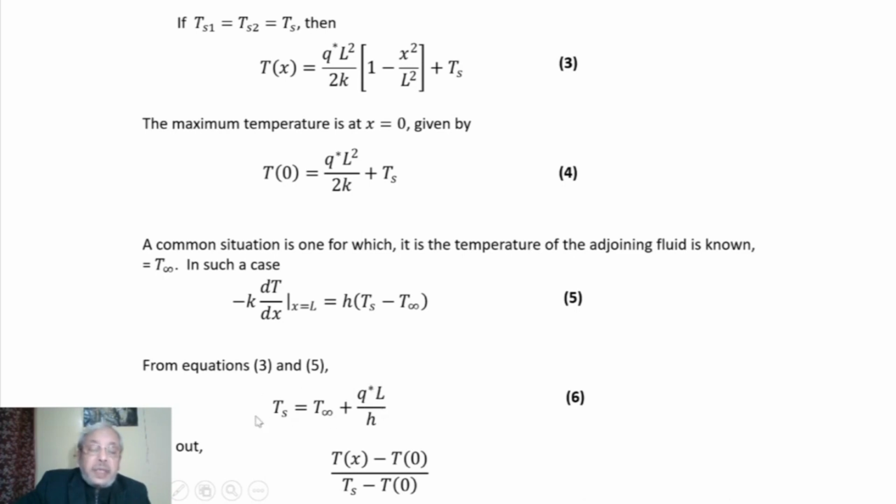That means Ts is a function of ambient temperature, uniformly distributed heat source, geometrical parameter, and film heat transfer coefficient or convective heat transfer coefficient. So this becomes the expression for Ts, that is surface temperature.